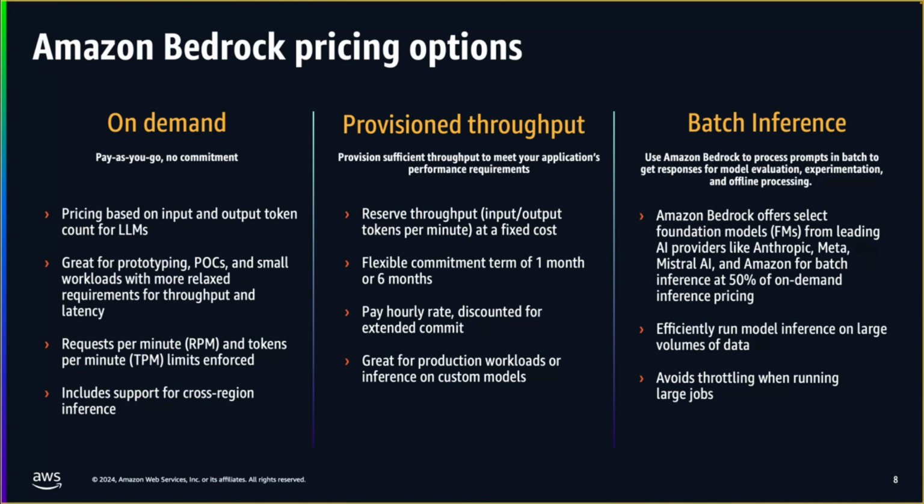When you run on-demand inference, you can think of it as running on shared infrastructure, right? It's great to get started, but there are some aspects that you should be aware of, because it runs on shared infrastructure. There are requests per minute and tokens per minute limits or quotas enforced.